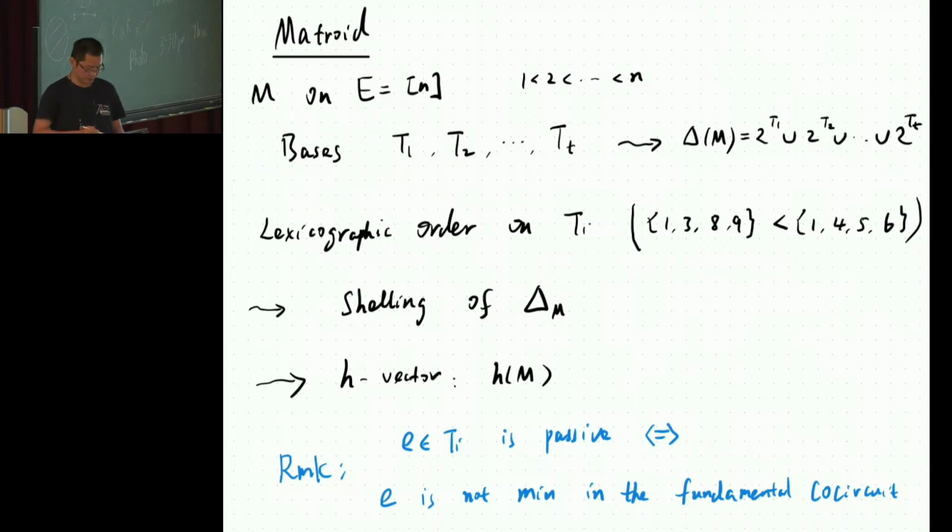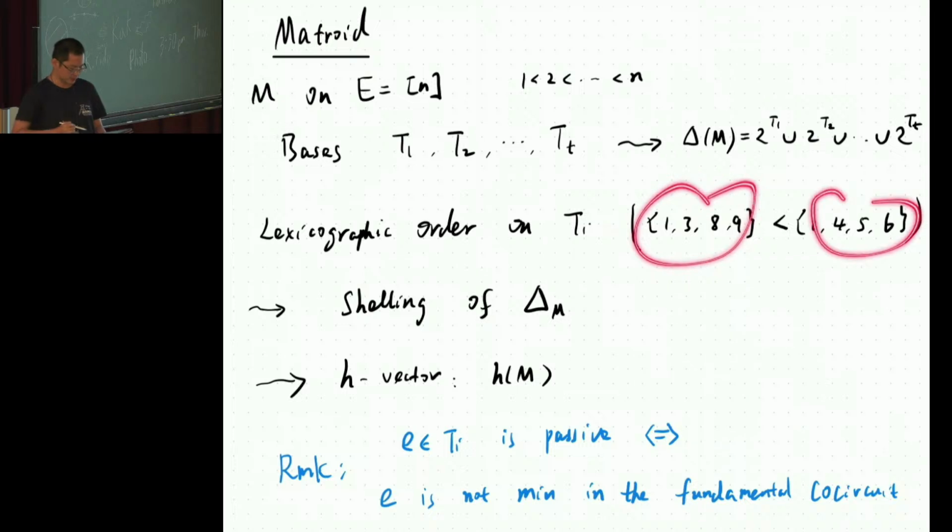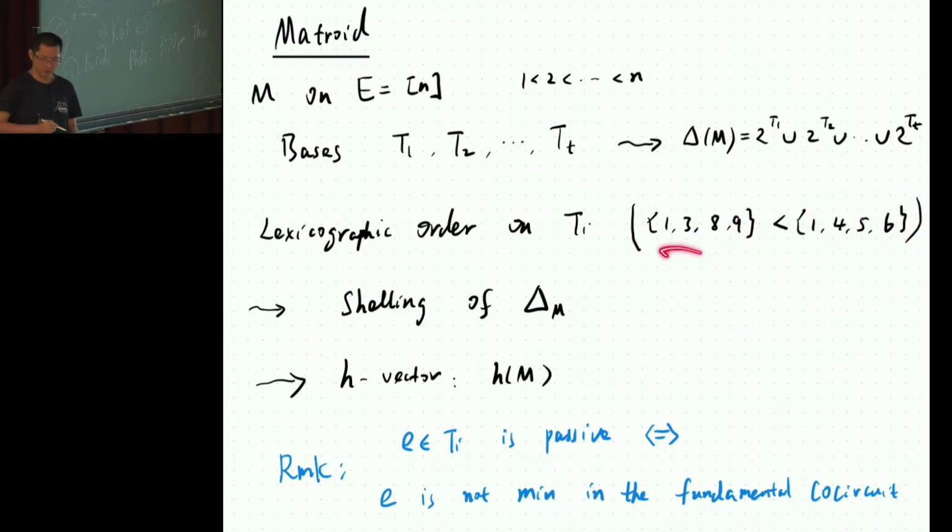If you have two bases, you first compare the smallest element, now they are equal, then you see the next one, 3 is smaller than 4, so this set is smaller than this set. So 8, 9 and 5, 6 are irrelevant here because 3 is already less than 4. Then this order will always give me a shelling of this simplicial complex. Hence I can get an h-vector denoted by h of M.